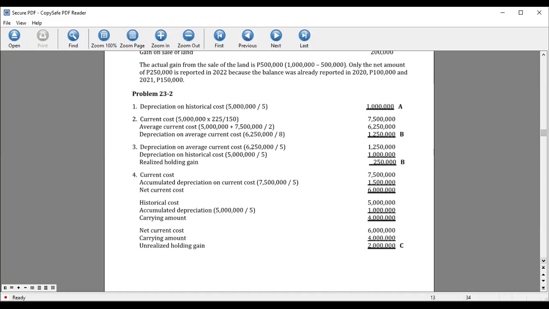Why do we have 8 years as the divisor for the depreciation on average current cost? That's supposed to be 5, not 8.